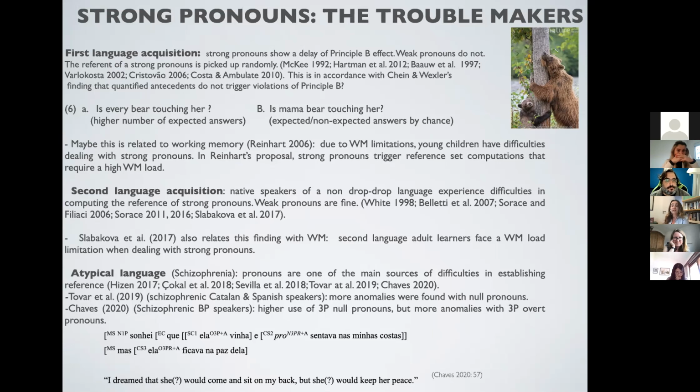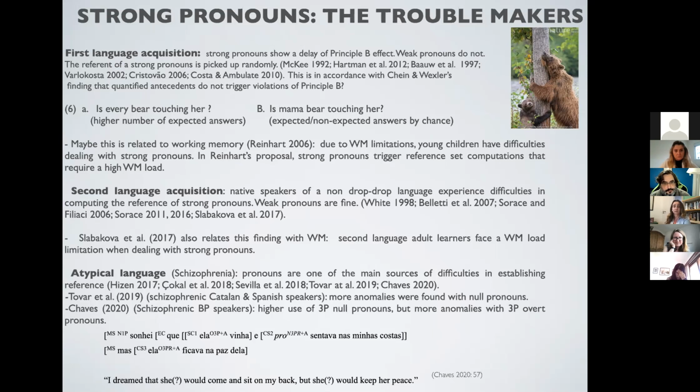Maybe this is related to working memory, as Reinhart thinks. Due to working memory limitations, young children have difficulties dealing with strong pronouns. So they can't do reference set computation on her proposal, right? Because it requires a high load of working memory. In second language acquisition, the same is observed.